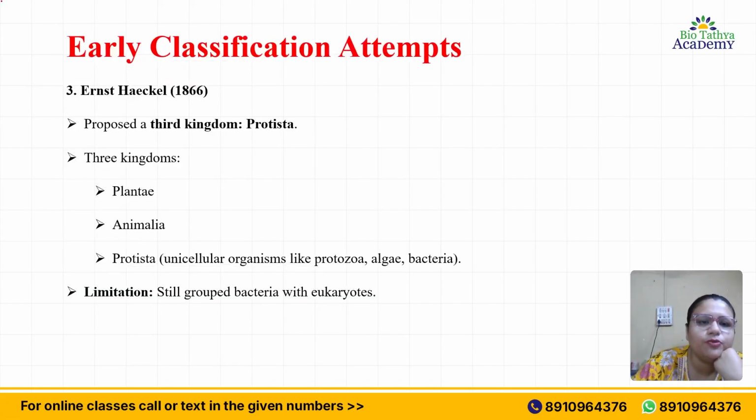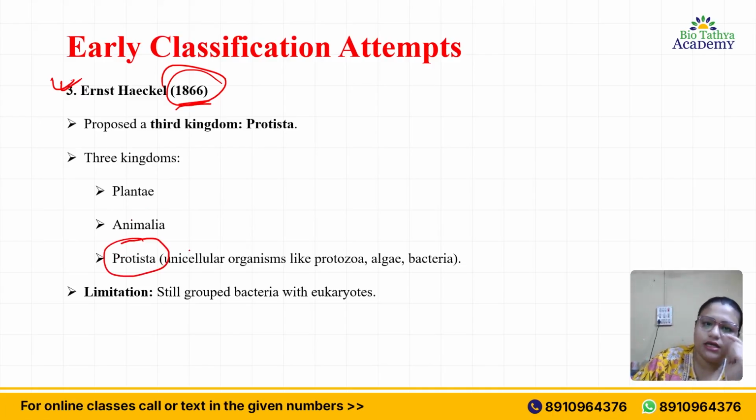Then who came into play? Ernst Haeckel. In the year 1866, he introduced a new kingdom, that is Protista. Protista consists of unicellular organisms such as protozoa, algae, bacteria.